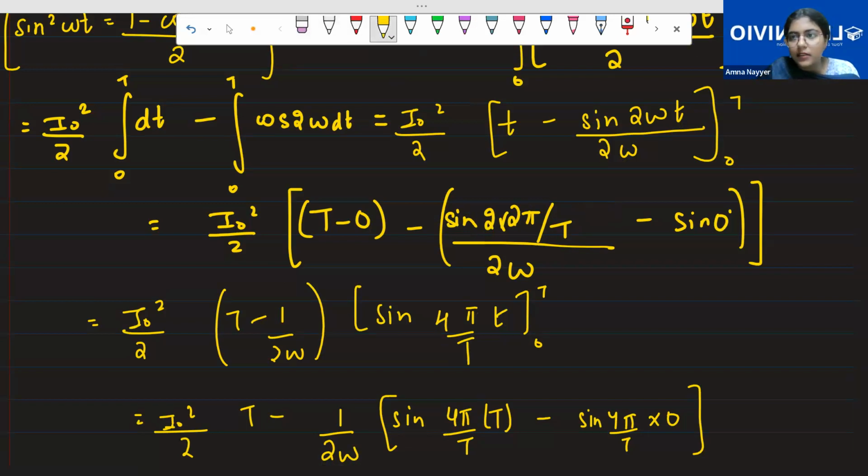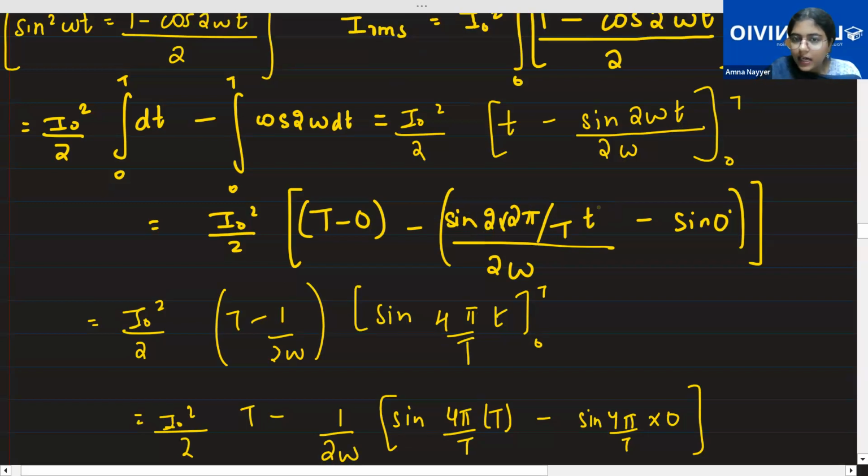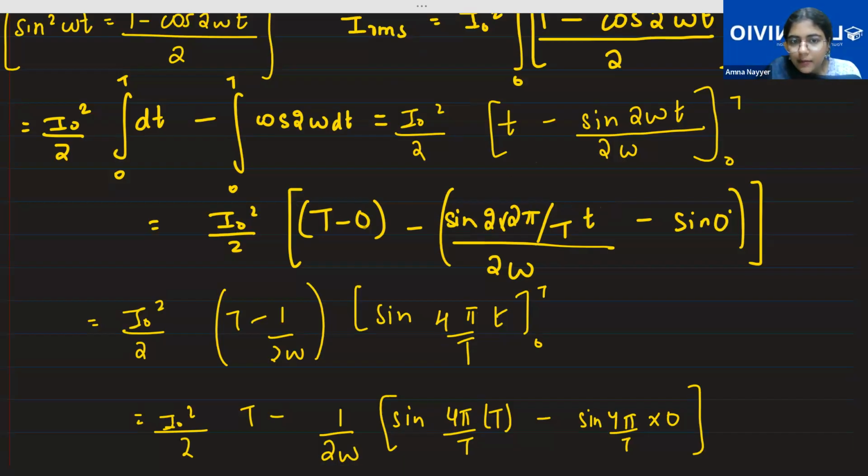We'll put the values later so that you don't get confused. Now see, what did we do? This t minus 0 is there. T minus 1 by 2 omega is written separately. From here, sine 2, 2 omega. Omega is written as 2 pi by t into small t. I have written. This step is clear?